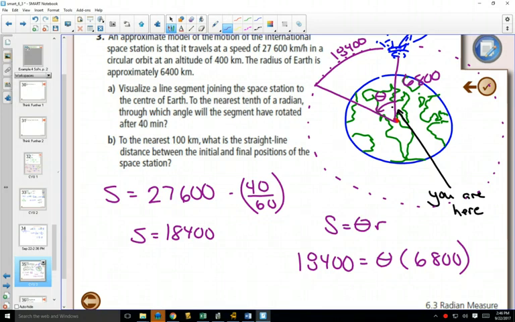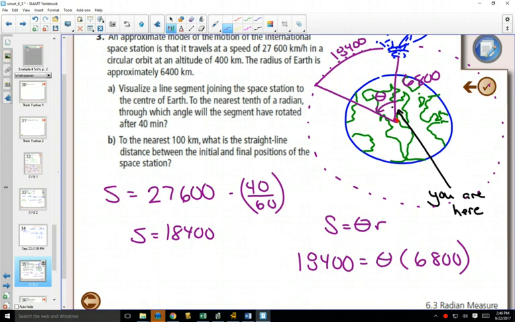You could still do this in degrees, but then you'd have to use your degree formula, theta out of 360, and then figure out what proportion of the whole circumference. But radians say that however many radiuses you travel along the outside edge, that's going to be your angle. So if the radius is 6,800, can you see that we've traveled one 6,800, another 6,800, and not quite a third one?